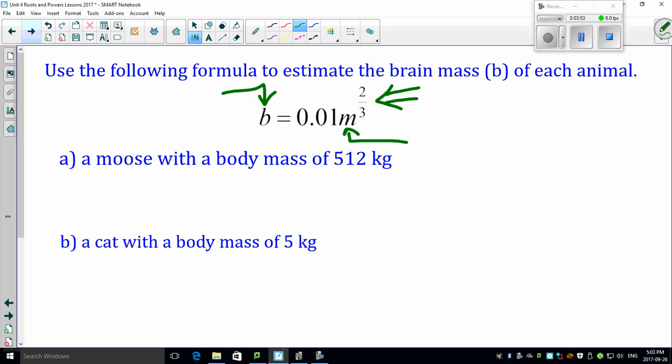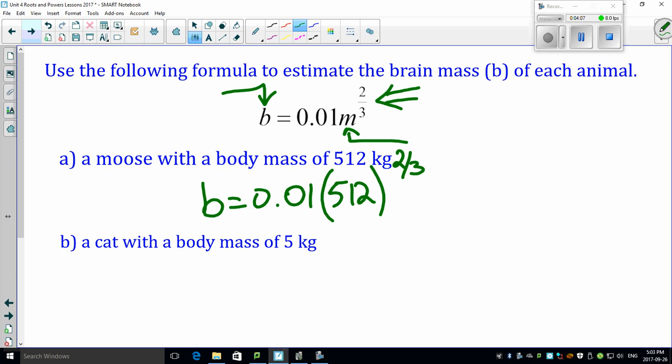So look at this. It says a moose has a body mass of 512 kilograms. So what's its brain size? Well, that's 0.01 times its mass, 512 to the exponent 2/3. Now, the problem with this is remember, you've got to use BEDMAS, okay? So brackets, exponents first.